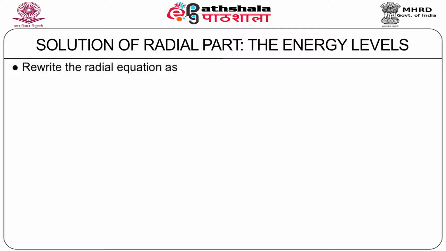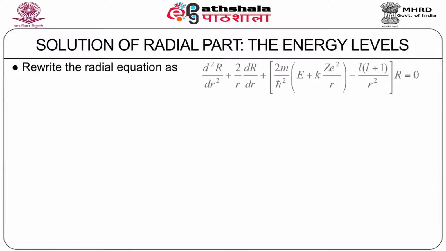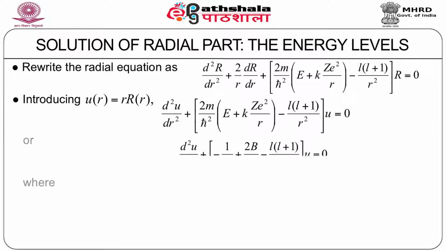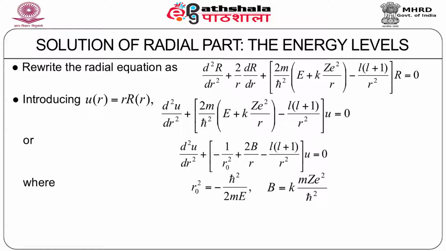So we can rewrite the radial part of the equation like this. Here, what we are doing is just some mathematical manipulations. So introduce a new variable u(r) equal to r R(r). The second equation is the radial equation in terms of u, and the third equation is also the same.